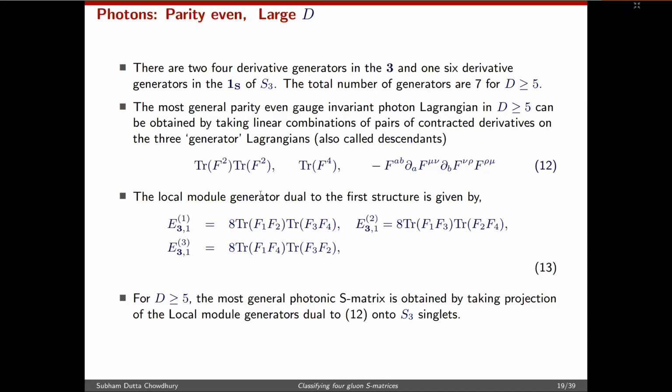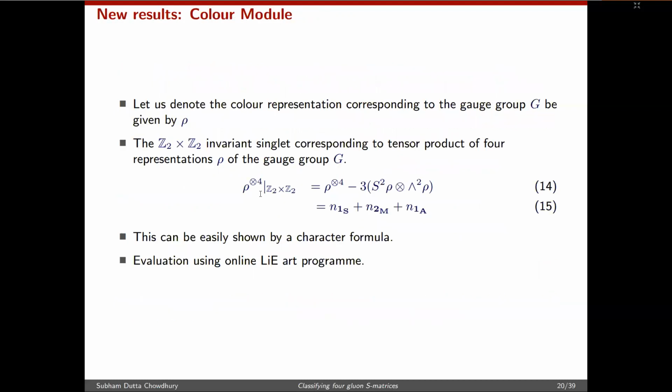And so now one part of our classification is already done. The photons, we know how to classify. Now we have to take care of the color structure. So how do we do that? This structure is way simpler than classifying the photon module, because there are no derivatives acting on the color structure. It's just some group theory singlet that we have to find. If we denote the color representation of the gauge group G by rho, the Z2 times Z2 invariant singlet in the tensor product of 4 representations rho of the gauge group G is given by a character formula, the group theory formula given in 14.